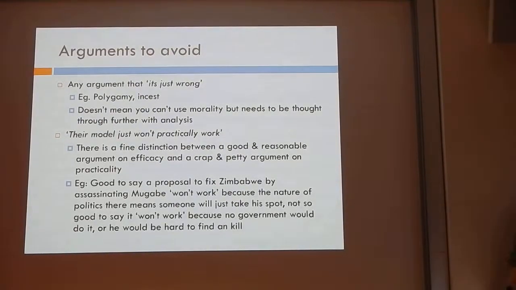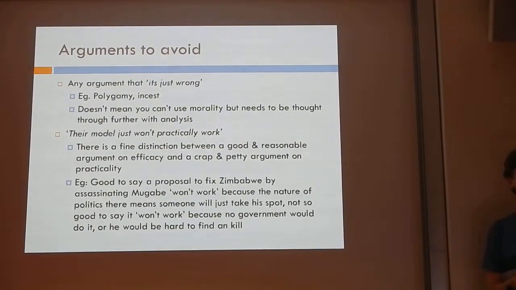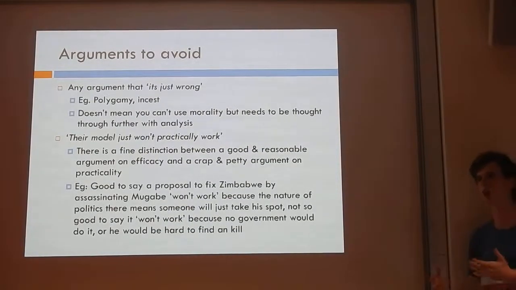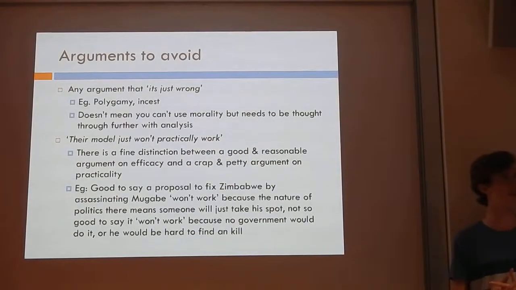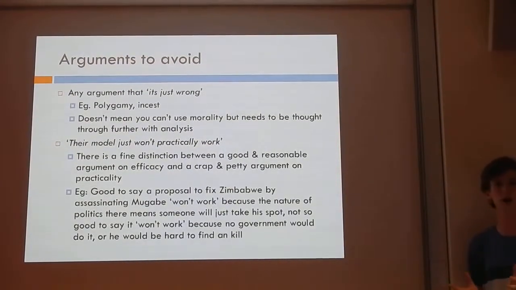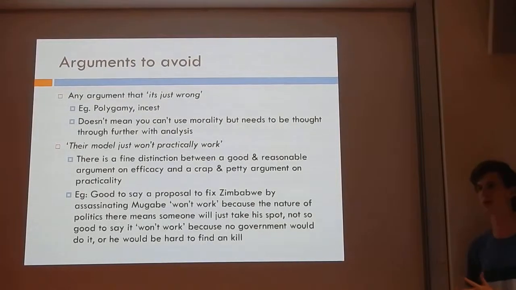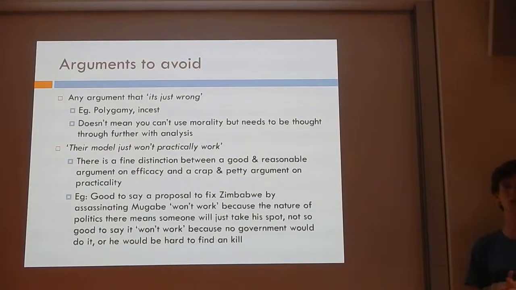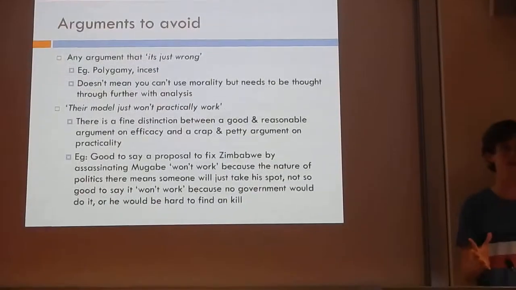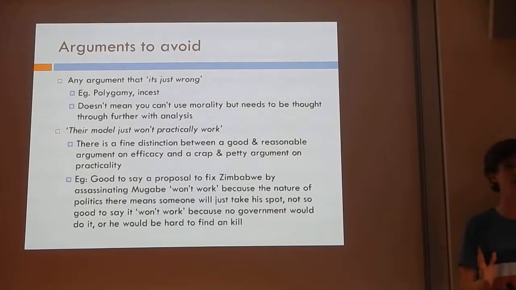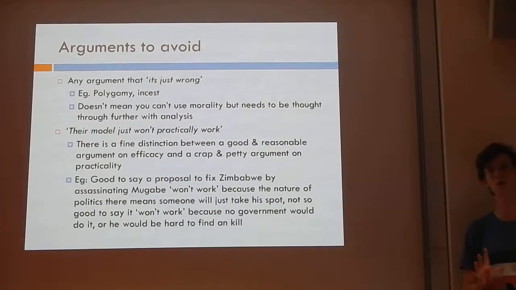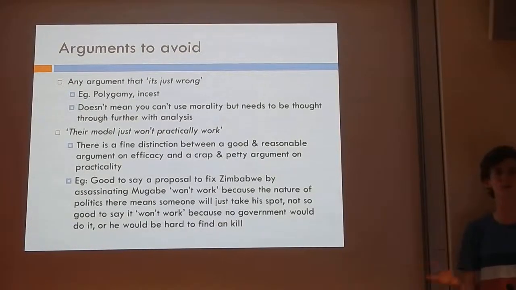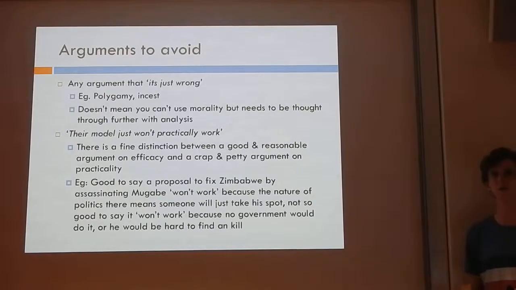The next kind of a bit shabby argument is the model just won't practically work. So I think it's okay in a debate to have some reasons why the way of doing the policy that the other teams come up with is not that great, right? So it might be useful to say that in practice, say they didn't say that they were having 100 employees as the limit of their companies, it's probably not a very big point, but it might be worth noting that if you're enforcing on all companies to have a 50% quota, there will be some companies, like self-employed people, that won't be able to meet that, and it's a bit absurd in that sense.